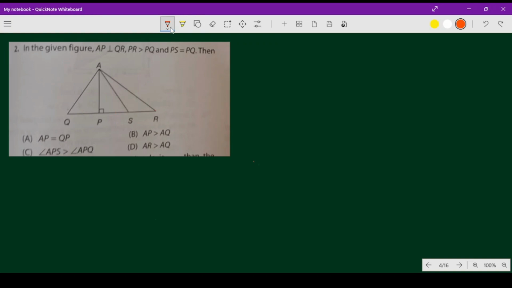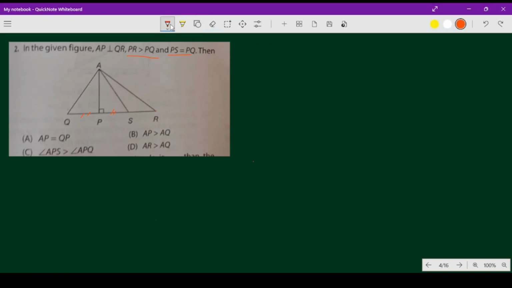In this question, in the given figure AP is the altitude on QR and PR is bigger than PQ, and PS and PQ both are equal. Now we need to find out which of these options is correct.